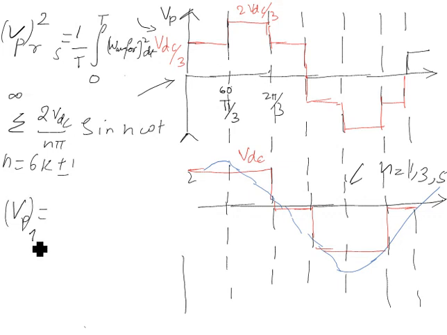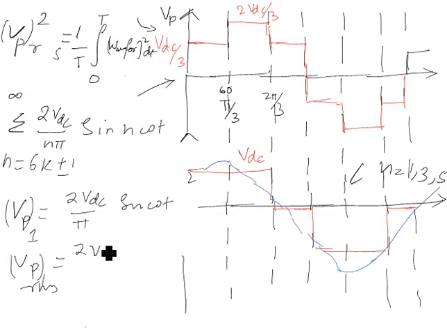Vp1, you can put 2 VDC by pi sine omega t. So Vp1 RMS, you will have to just put the root 2 value, 2 VDC by pi root 2. So that will be your RMS.